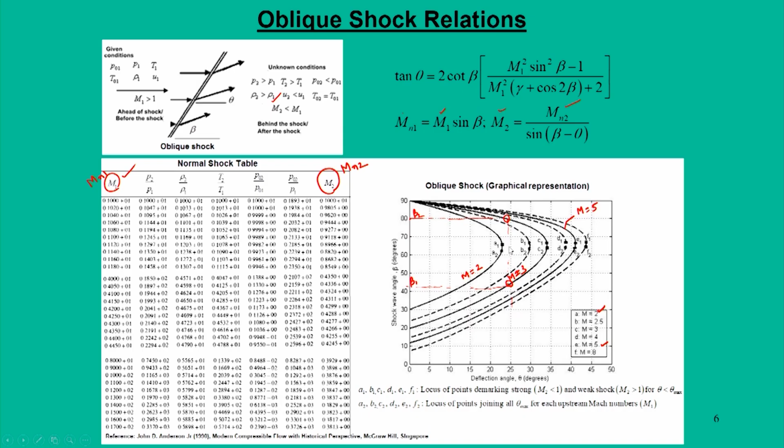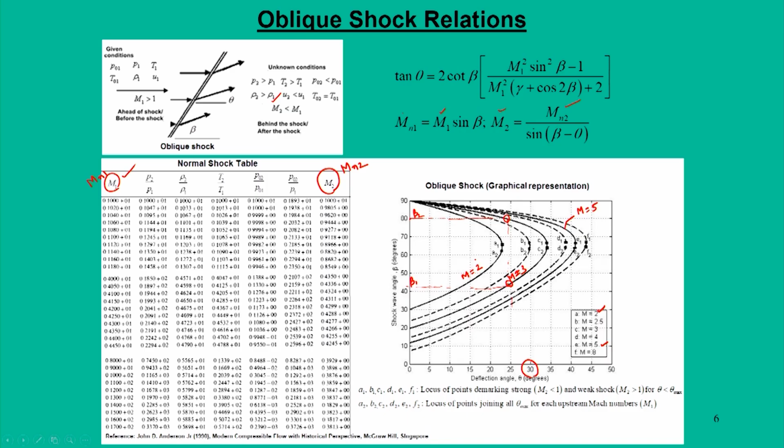Now, there are some situations where we will find that the flow deflection angle is 30 and the Mach number is 2. Flow deflection angle 30, Mach number 2, means that the Mach 2 curve is here. That means Mach number 2 does not qualify for theta equal to 30. At Mach 2 there is no oblique shock solution possible.